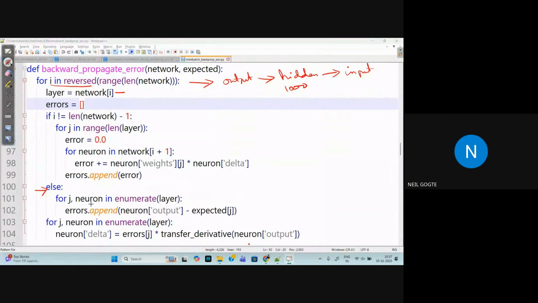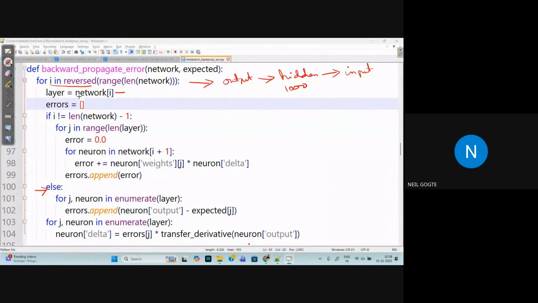Now we are going through all the neurons in the layer. This is just enumeration, so it just gives the index of the neuron in the layer, because we are enumerating the layer. Layer itself is a list.